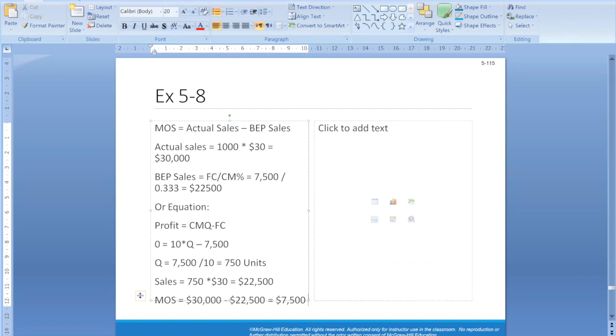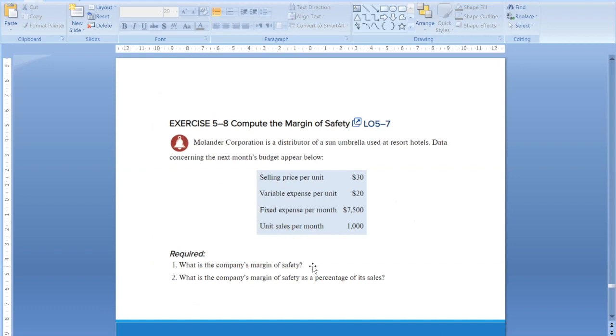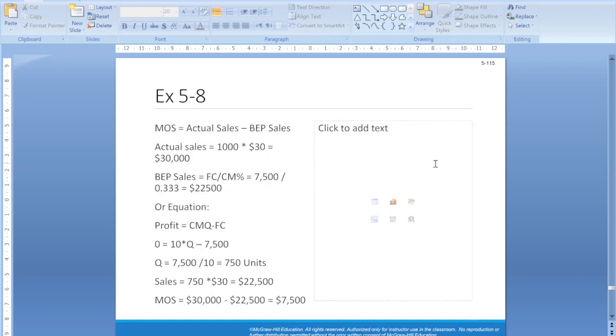This is the margin of safety for the company. I do have actual sales of 30,000, but the break-even point sales is 22,500. So I'm safe up to 7,500 before incurring any loss.